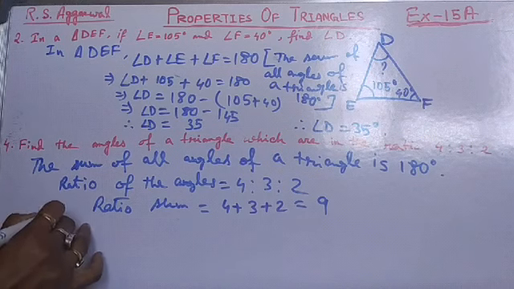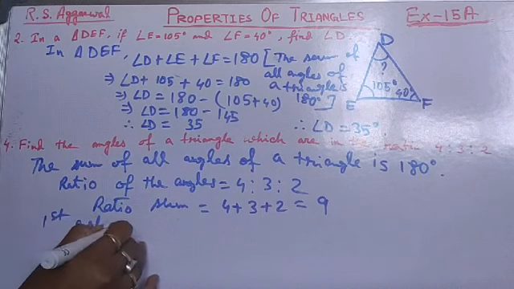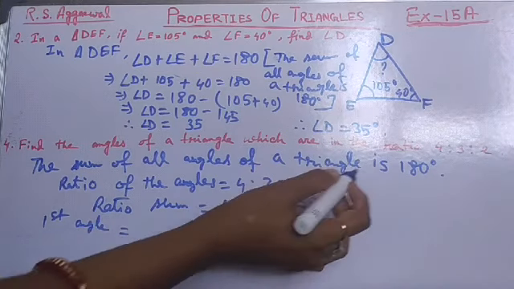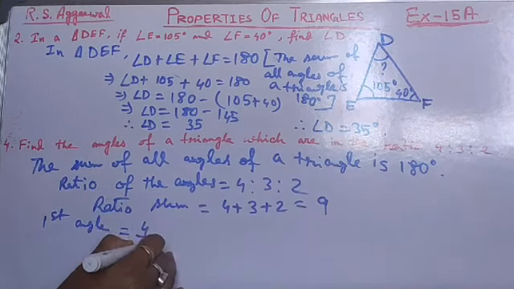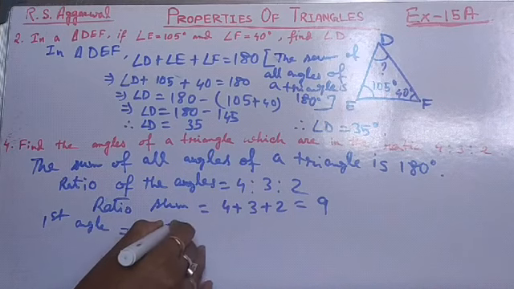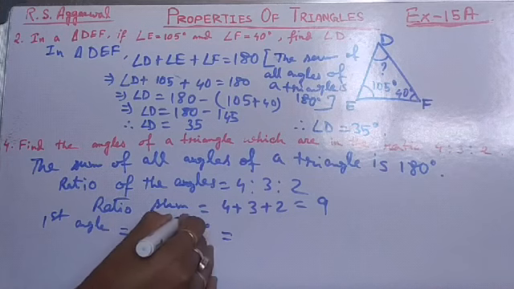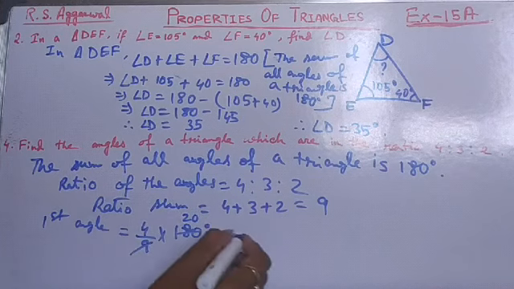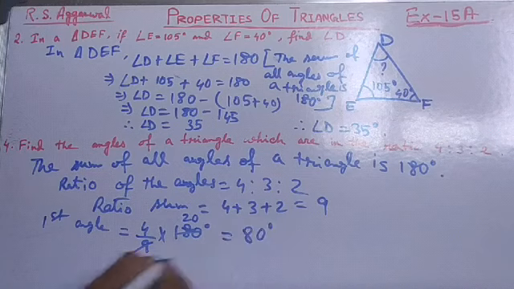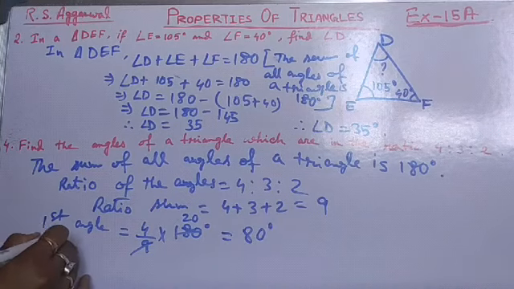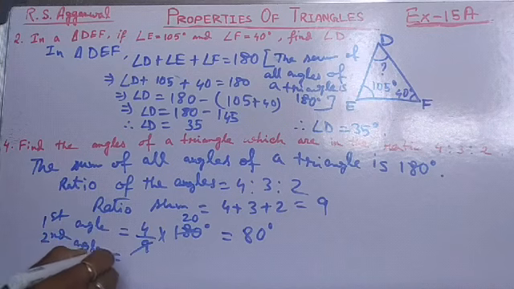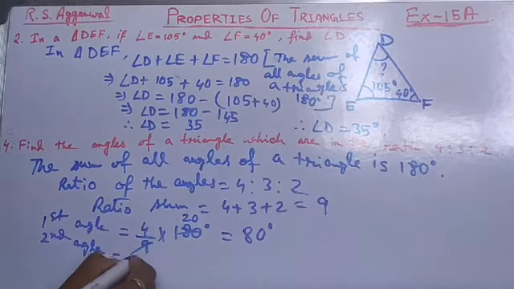Now first angle equal to, first one is 4, so 4 by 9 into 180 degree. 9 2s are 18, 4 2s are 8, 80 degree. Next second angle equal to, next part is 3, so 3 by 9 into 180 degree.